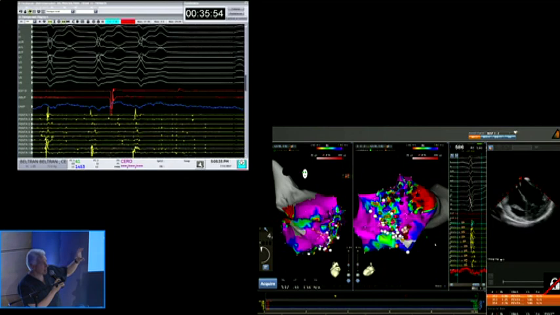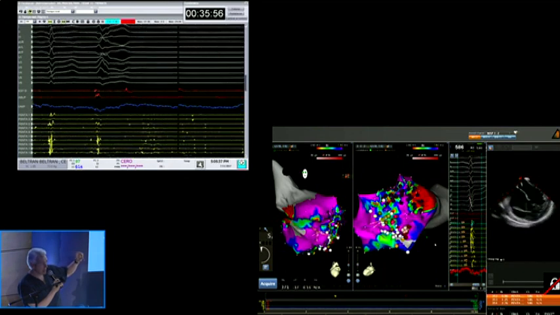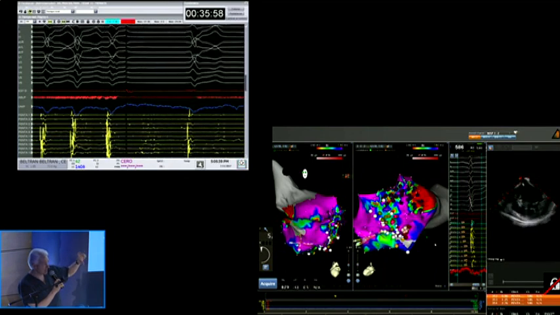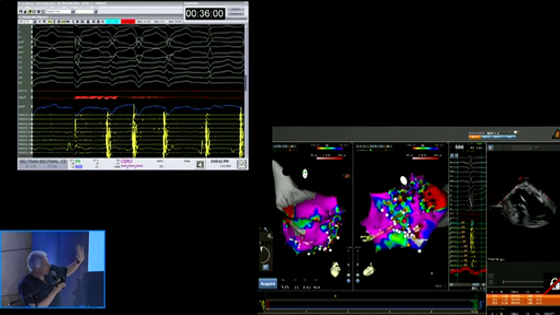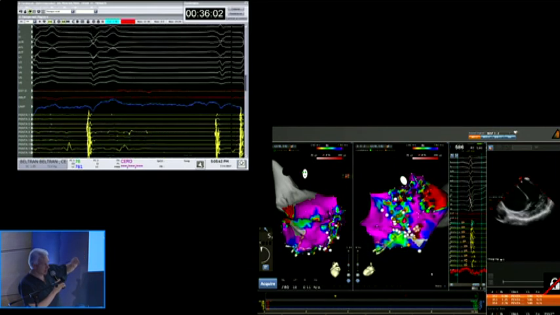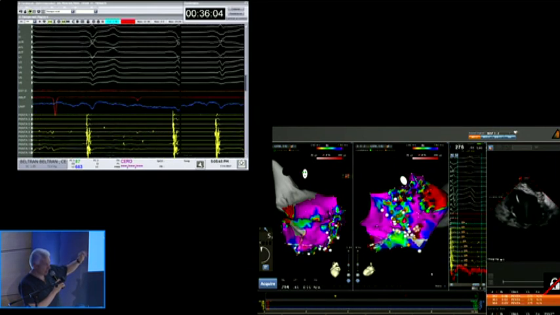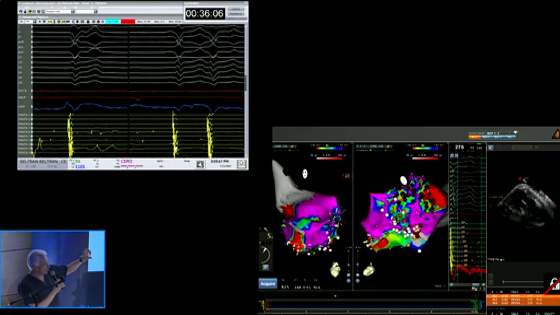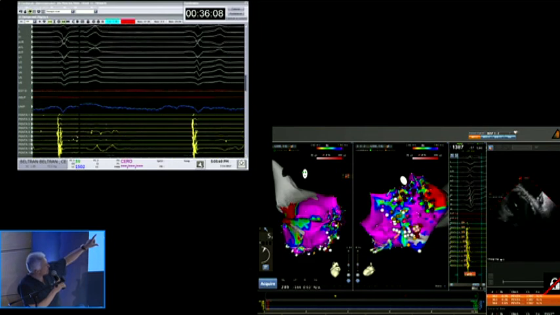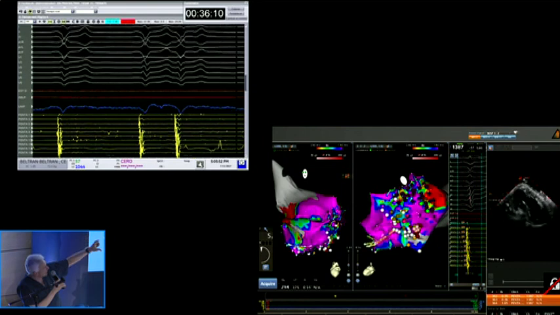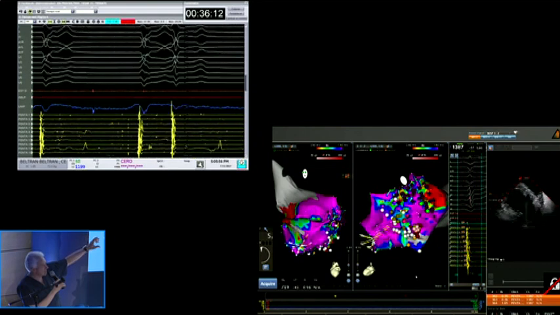This you see in non-ischemic cardiomyopathy, where the delayed potentials sometimes have very high voltage. So voltage alone is not an absolute guide. You have to look at the morphology of the electrogram. So here you have some high voltage but very delayed, that I would consider still abnormal.